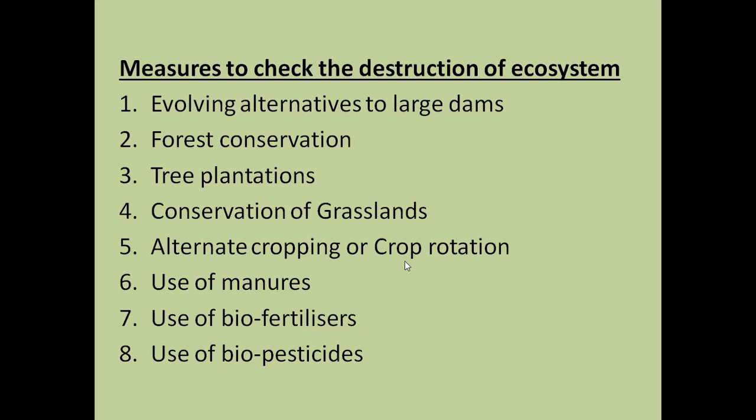Tree plantations. So in addition to forest conservation, we can add trees. We can plant more and more trees, to add to the number of trees that we already have in our environment. Now, conservation of grasslands.